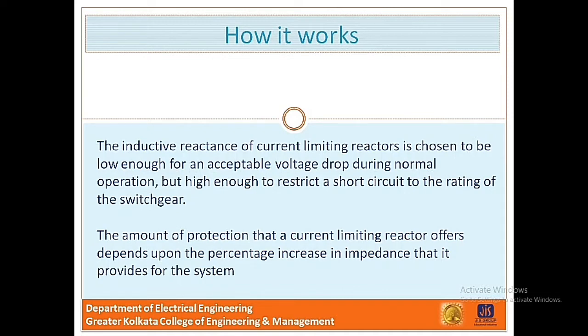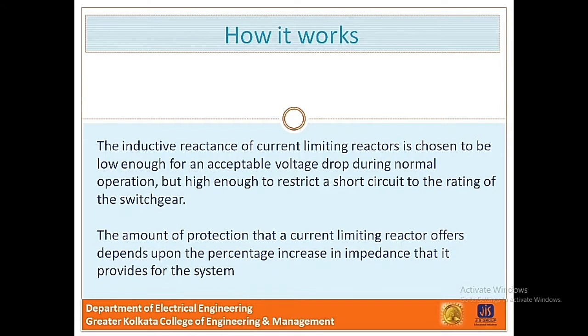The inductive reactance is chosen to be low enough for an acceptable voltage drop during normal operation, obviously, but high enough to restrict a short circuit to the rating of the switchgear. The amount of protection that a current limiting reactor offers depends upon the percentage increase in impedance that it provides for the system.